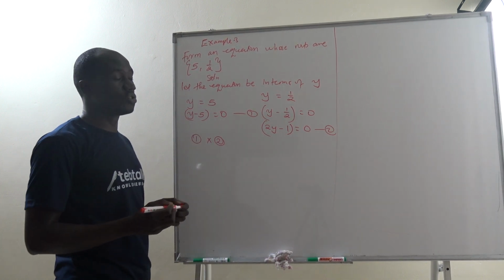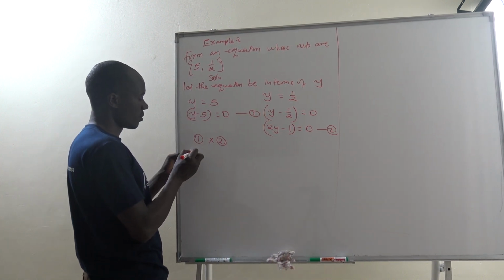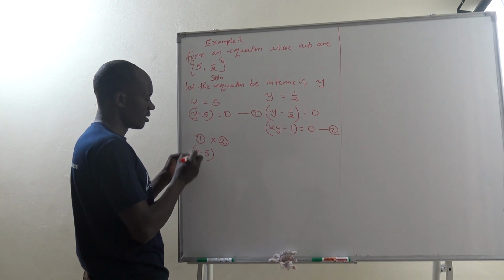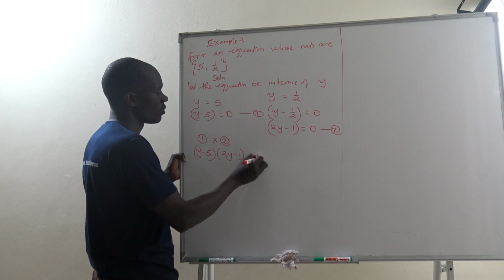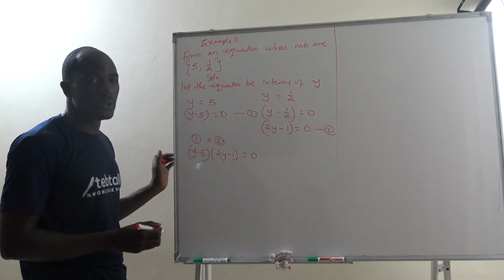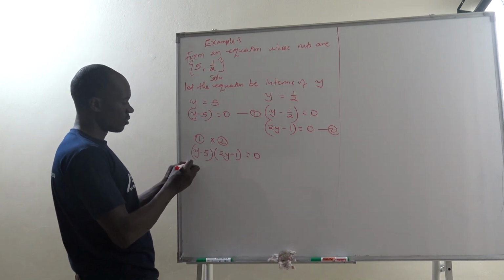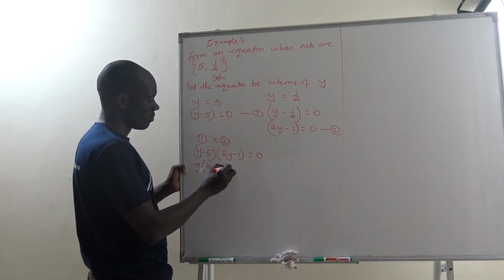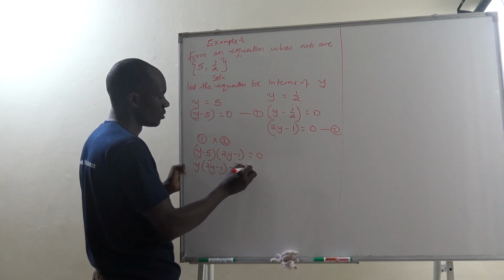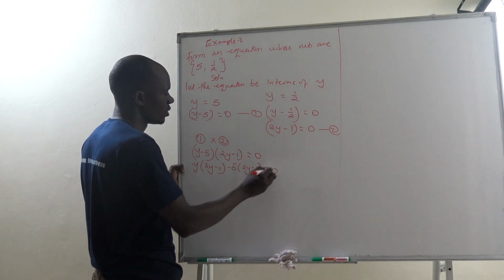We are multiplying the two. So what is the first one? y minus 5 times 2y minus 1 equals 0. Can we multiply using layman's understanding? It will be y into 2y minus 1, minus 5 into 2y minus 1, equals 0.